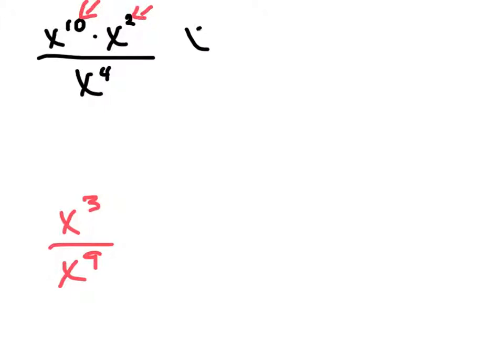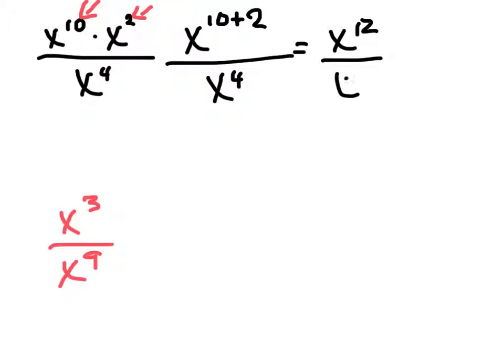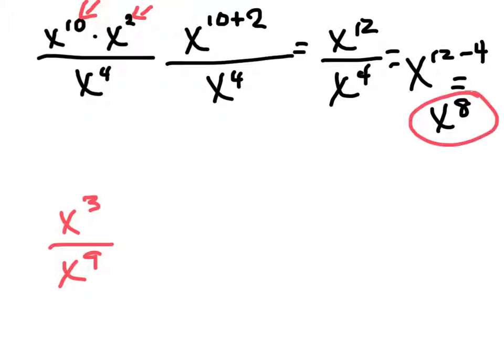So we're doing x to the 10 plus 2, over x to the 4th, which equals x to the 12th over x to the 4th. And now, to simplify it further, what we do is subtraction. So we end up with x to the 12 minus 4, which equals x to the 8th. So there's your answer, x to the 8th.